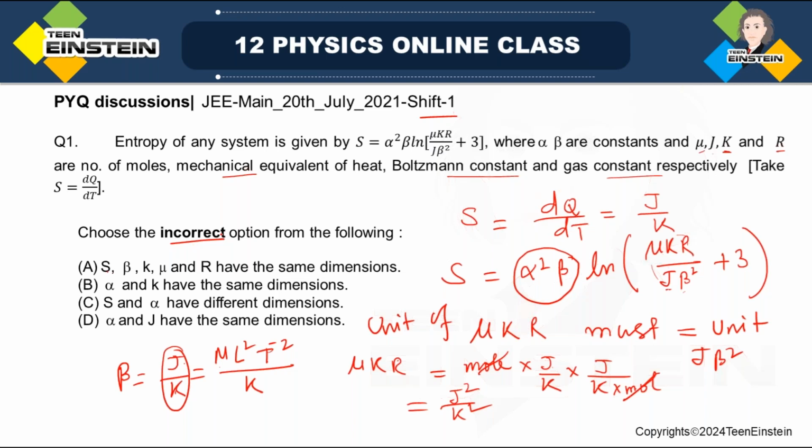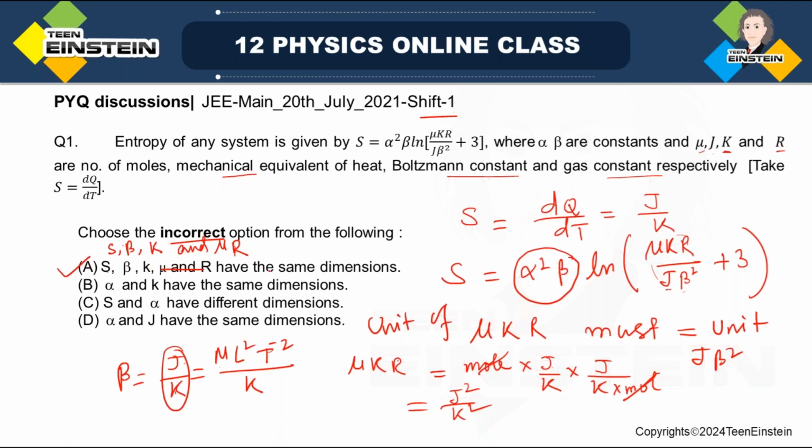Yes, so this option is given in this way: S, comma beta, comma K and mu into R. These have the same dimensions. This is obviously true. S is joule per Kelvin, beta is joule per Kelvin, this is also joule per Kelvin, and mu and R. Mu is the mole, so R has unit joule per mole Kelvin. So mole will strike out. So this is the correct option.